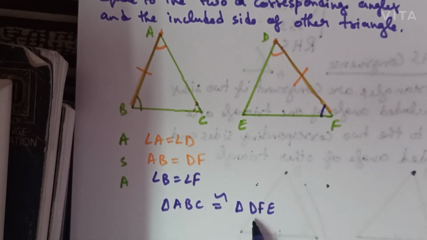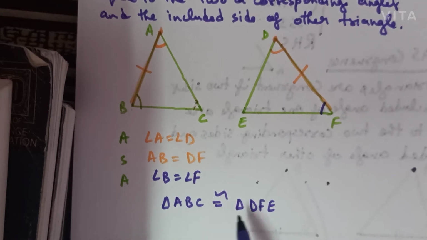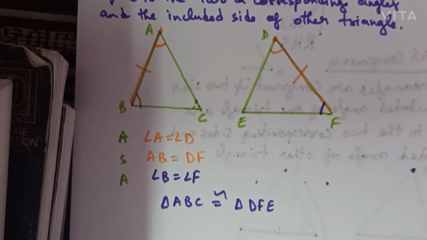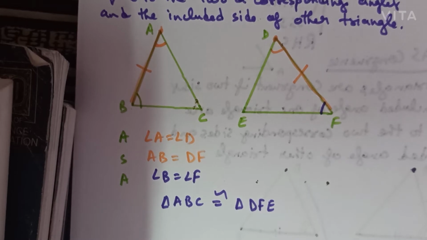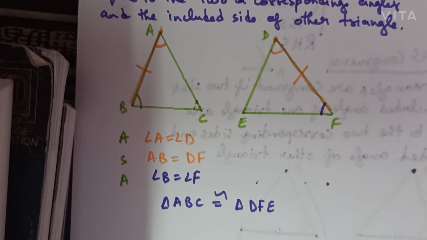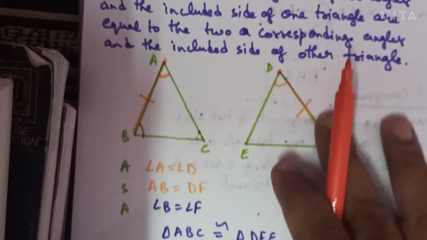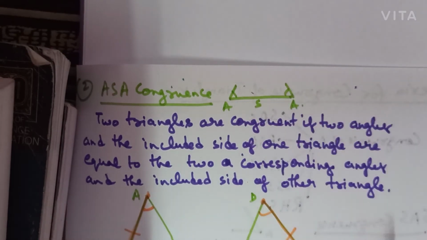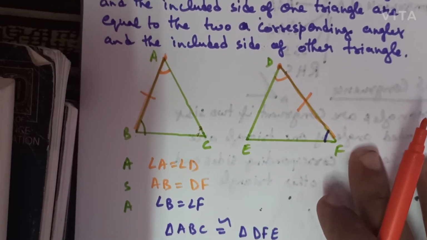Angle A is congruent to angle D, so vertex A corresponds to vertex D. Angle B is equal to angle F, so corresponding vertices will be B and F, and the third will be the same. So triangle ABC will be congruent to triangle DFE. This is angle side angle congruence: two angles are equal and the included side is equal. Understood?